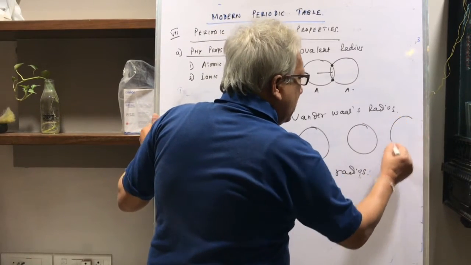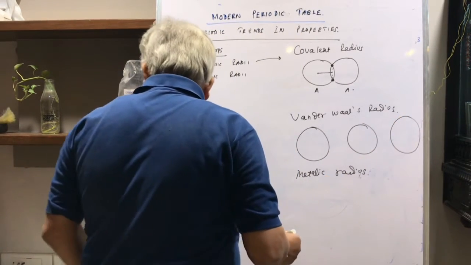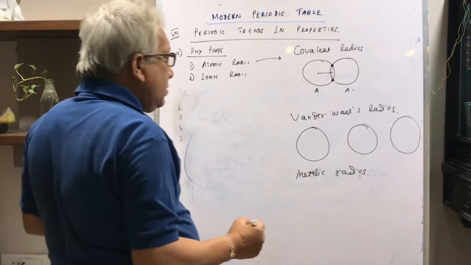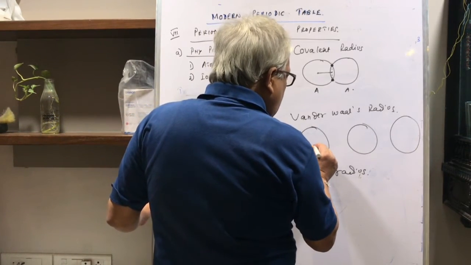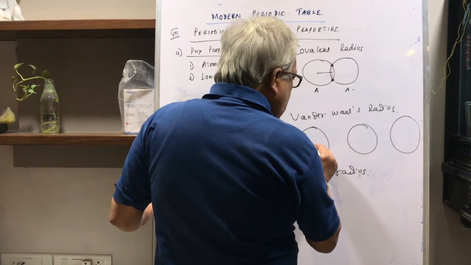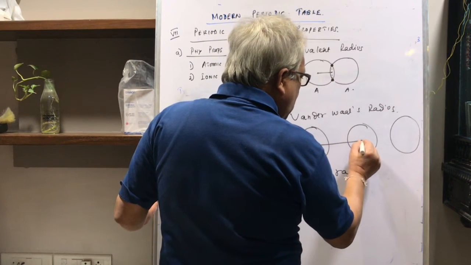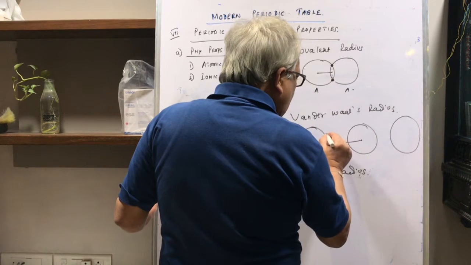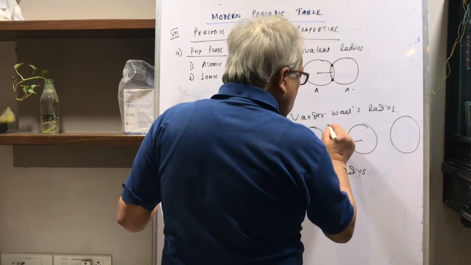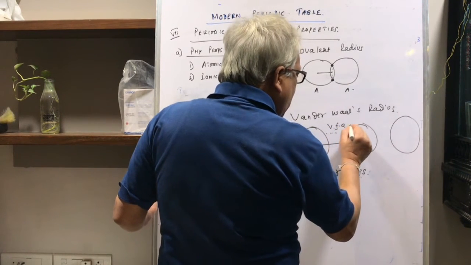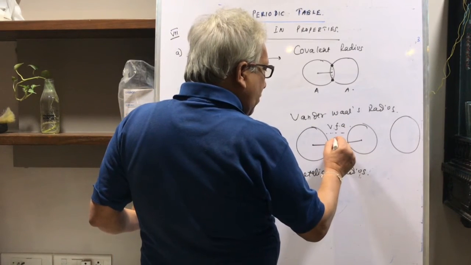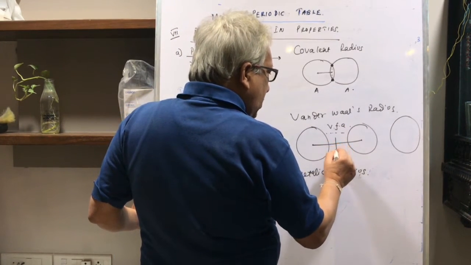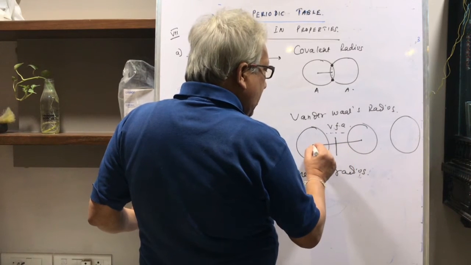Now in this case, we find this distance between the two atoms who are attracted to each other by van der Waals force of attraction, and then we divide this distance by 2, and this will be the atomic radius.